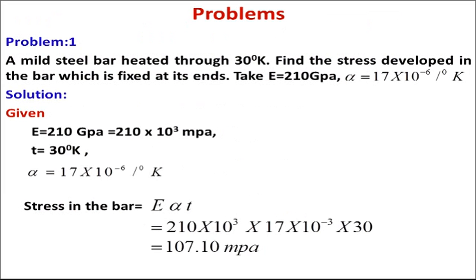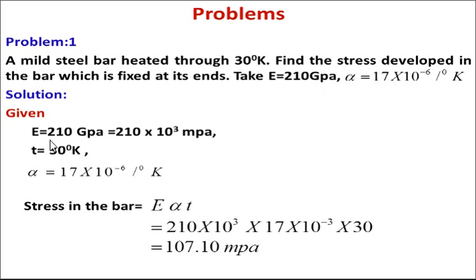Okay. Now see the first example. I have taken a very simple example. It will be solved in just 1 minute. A mild steel bar heated through 30 degree Kelvin. Find the stress developed in the bar which is fixed at the ends. Take E is 210 GPa, alpha is 17 into 10 to power minus 6.